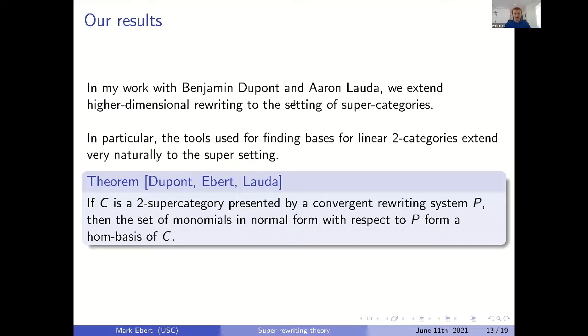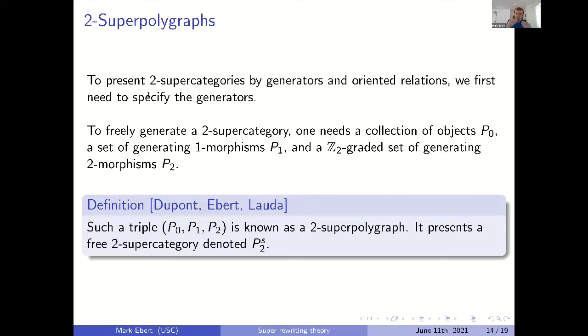First, to present a two supercategory with generators and oriented relations, what do we need to give? What are the generators? How do we generate a two supercategory? We just need our objects, generating morphisms, generating two morphisms.